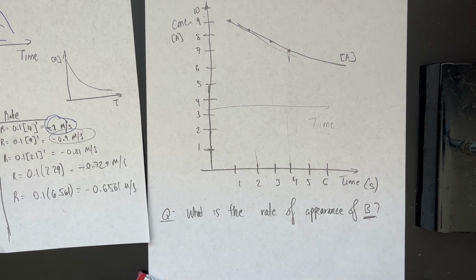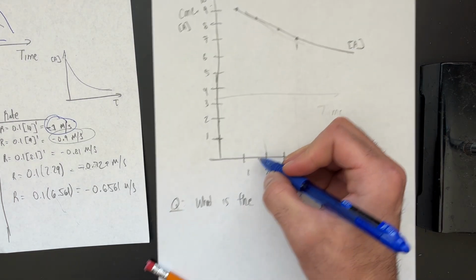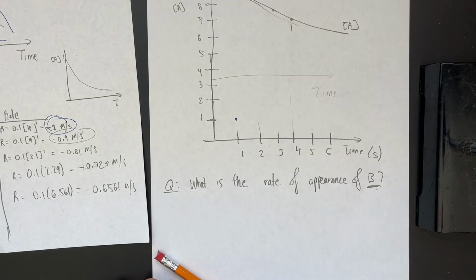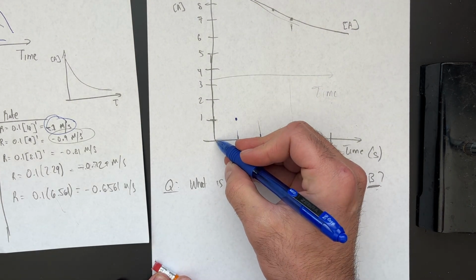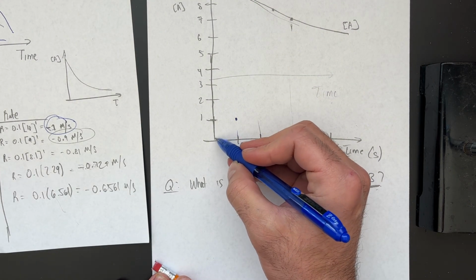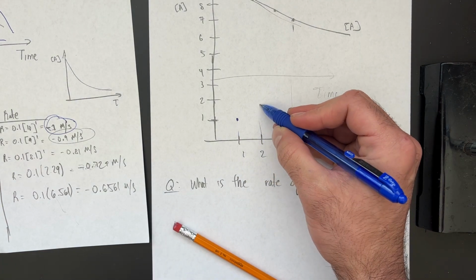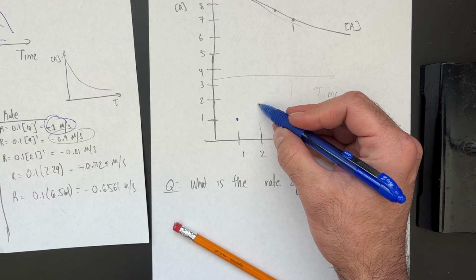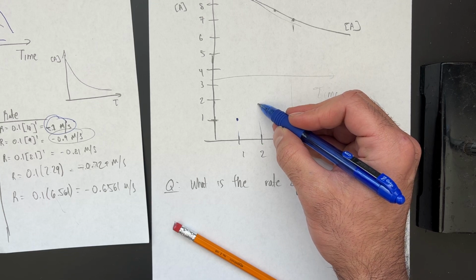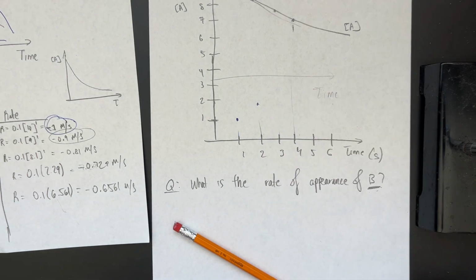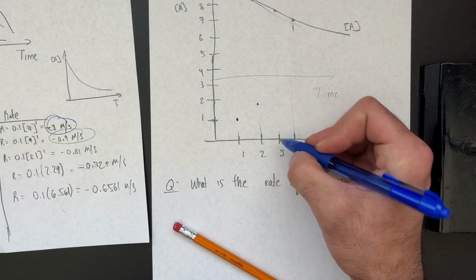And so what we can do is we can plot this in a similar way. After 1 second, how much B do we have? Well, after 1 second, if we lost 1 molarity of A, we're going to have gained 1 molarity of B. And how much are we going to have after 2 seconds? Well, if we have 8.1 molarity A, we'll have approximately 1.9 molarity B. And then how much after 3 seconds?